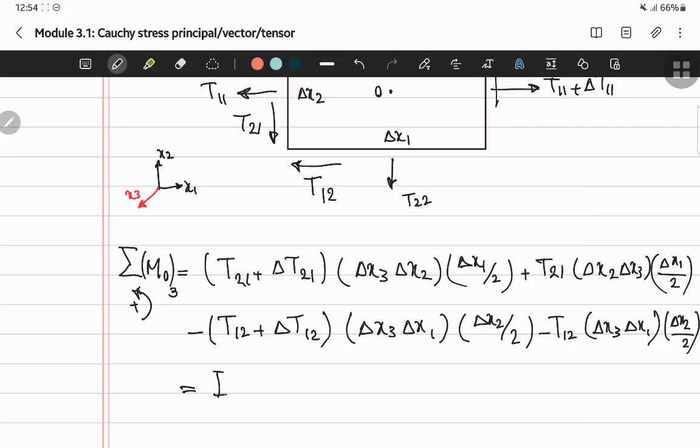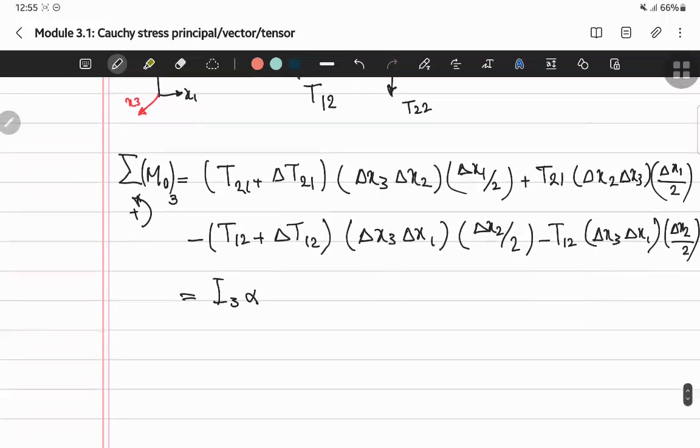This is basically equal to the moment here. So I have I3, the moment of inertia around the third axis, times alpha, the angular acceleration.